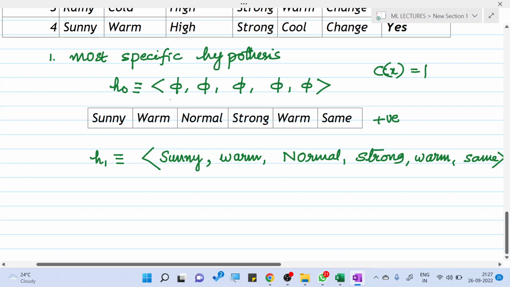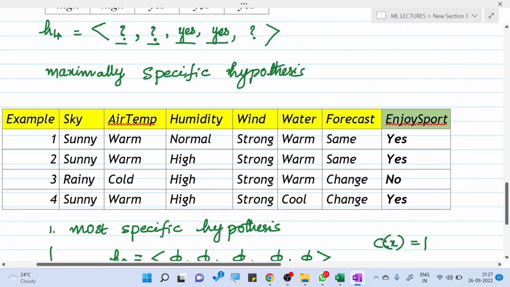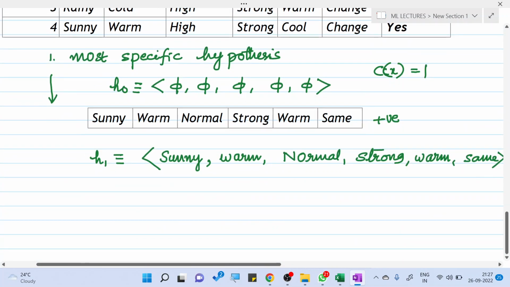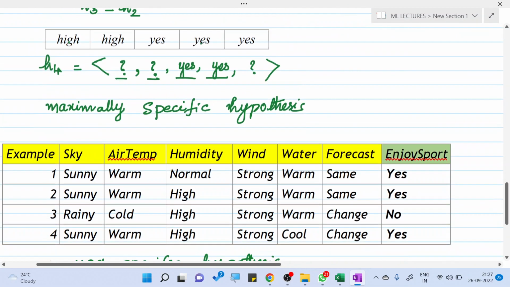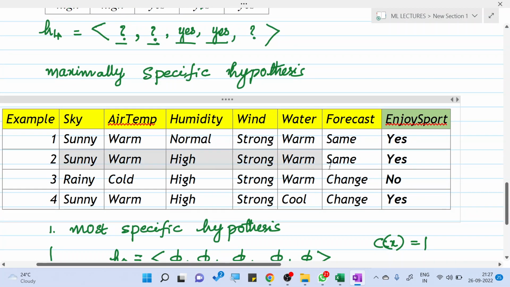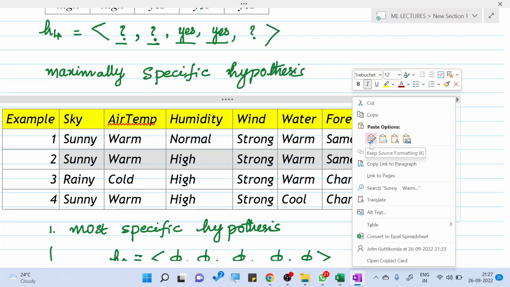So I started with most specific, and in Find-S algorithm we are going from most specific to general, and the final answer is called maximally specific hypothesis.